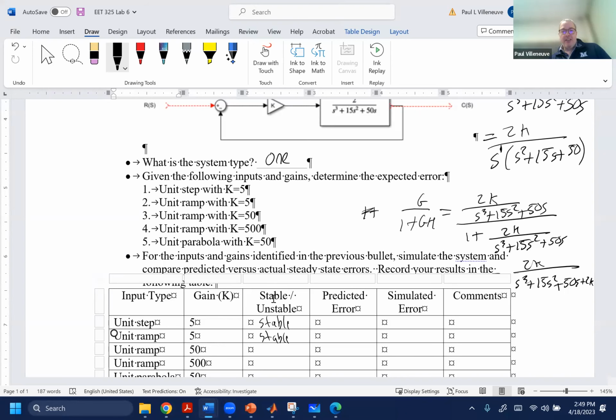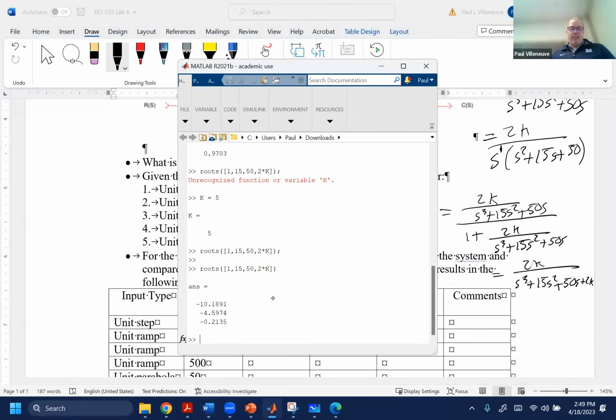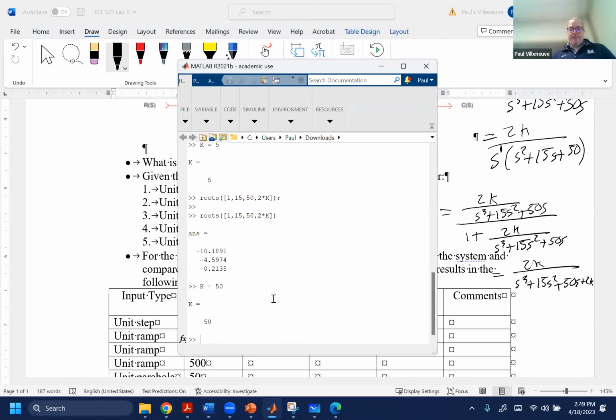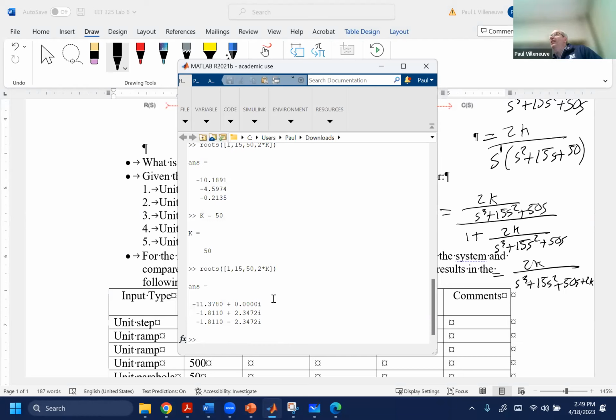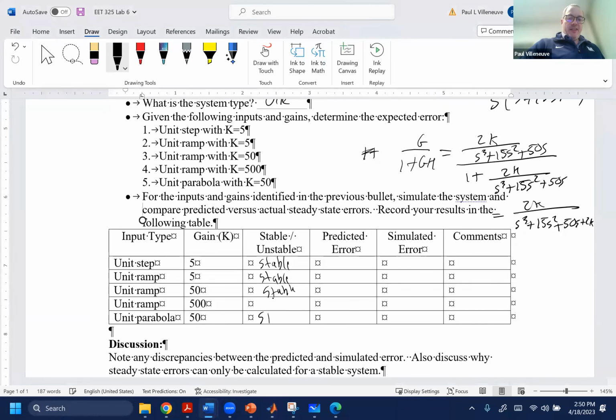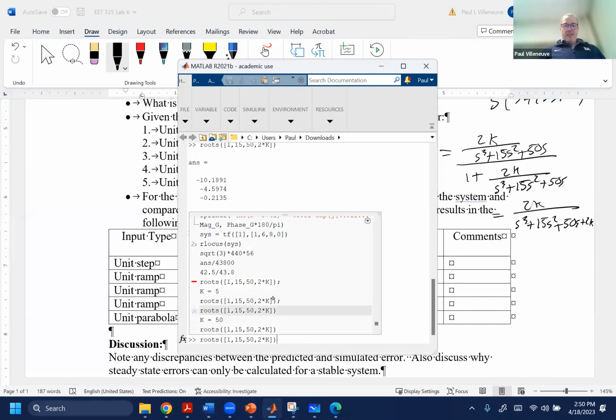Now let's go back in and do the calculation with K equal 50. Are all the poles in the left-hand half plane? They're all negative, so stable. Let's try 500.